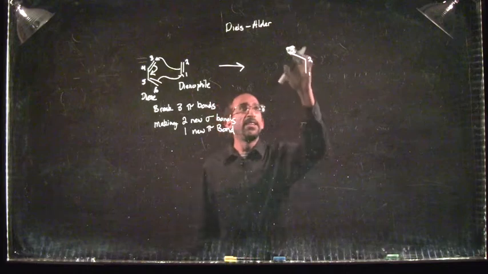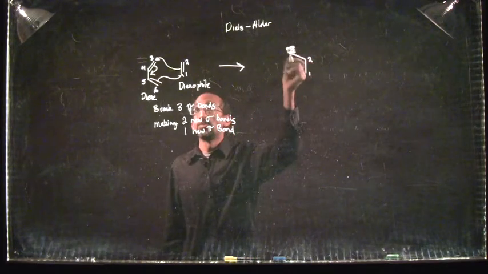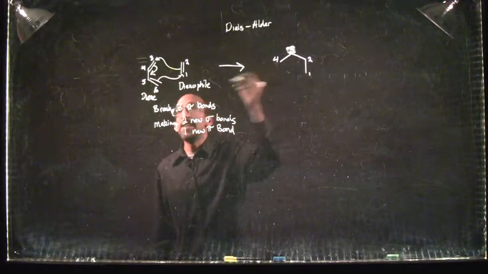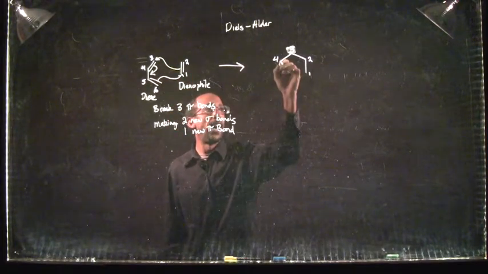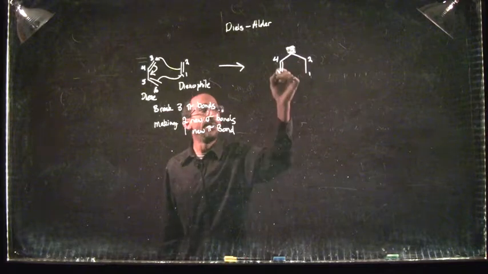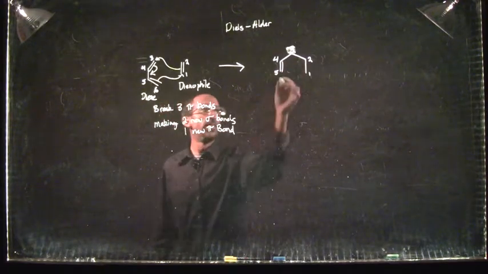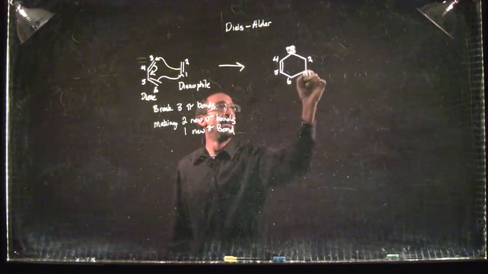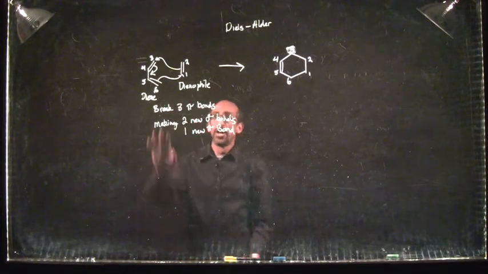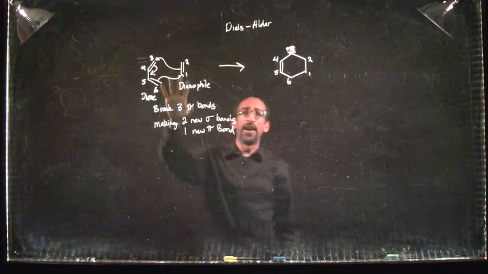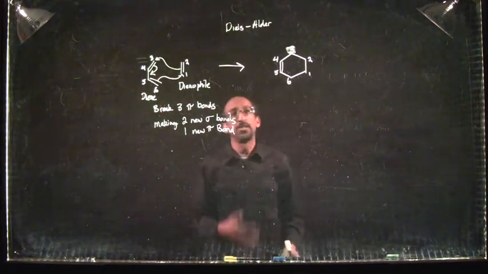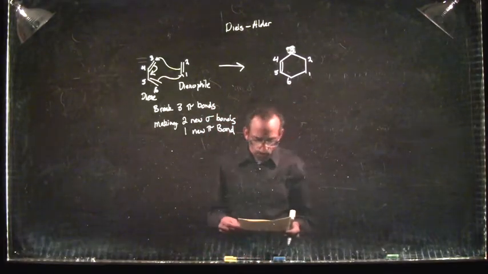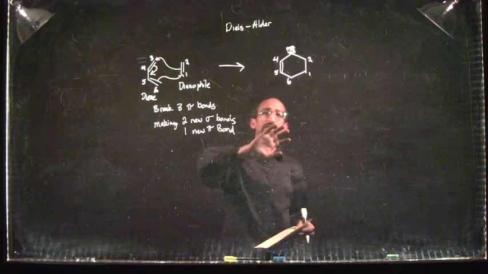So I'm breaking the pi bond between 3 and 4, and I'm making a pi bond between 4 and 5. Finally, I'm breaking the pi bond between 5 and 6, and I'm making a new sigma bond between 6 and 1. And so we have our diene and our dienophile, which react overall to give us a new six-membered ring, a new cyclohexene derivative.